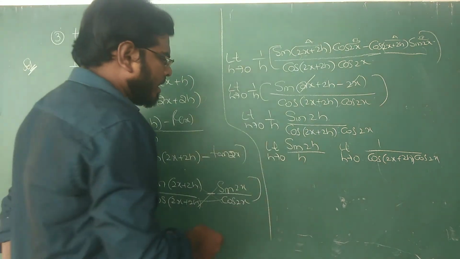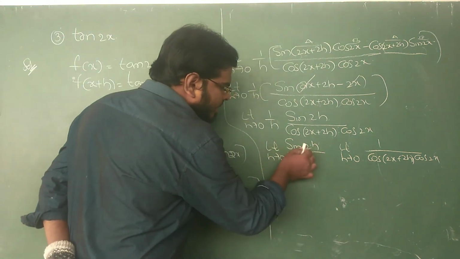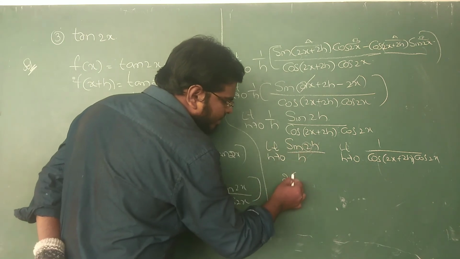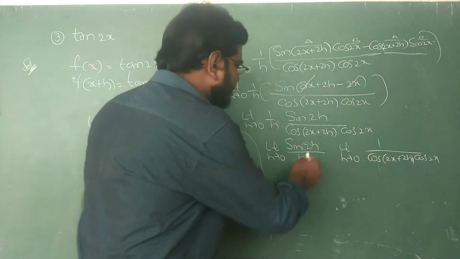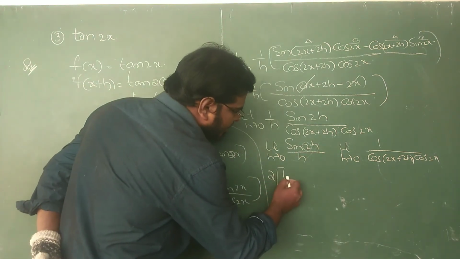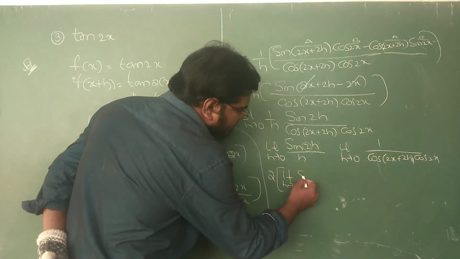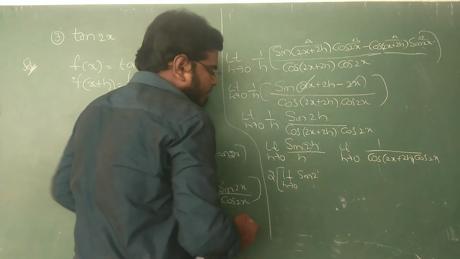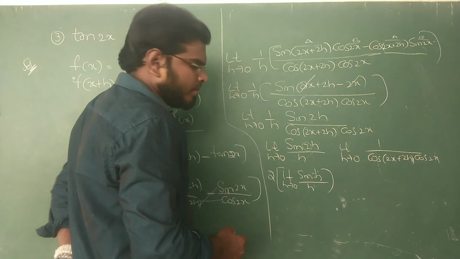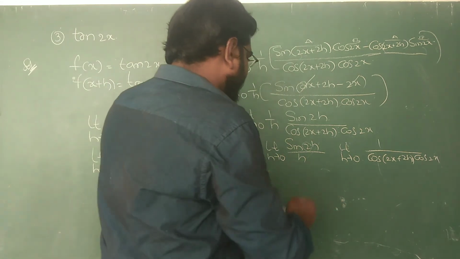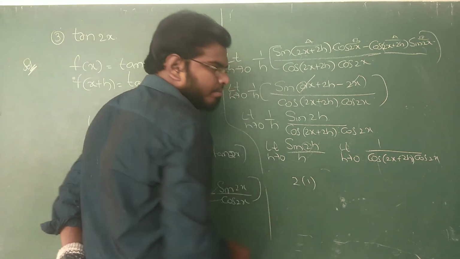And this total term is 1, but we have an extra 2, right? 2 into 1. Is it clear? If you have a problem, then write the 2 here and limit h tends to 0 of sin h by h. Like this also is not a problem, but try to understand directly. This is 2 into 1.